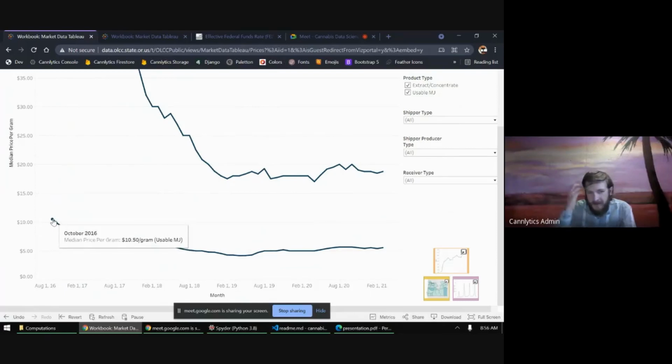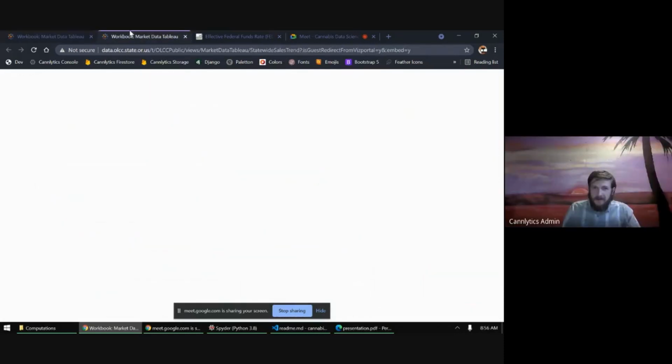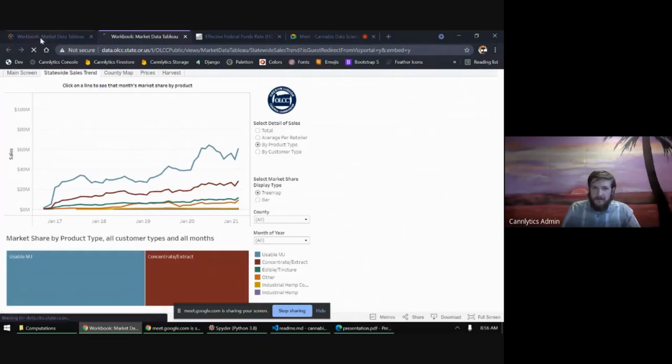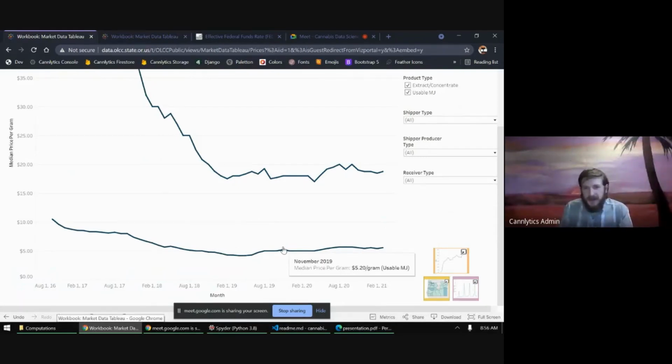Flour dropped from like $10 a gram down to about $5 a gram, or more actually, like $4.50 a gram. And now it's rising to about $5.50 a gram.